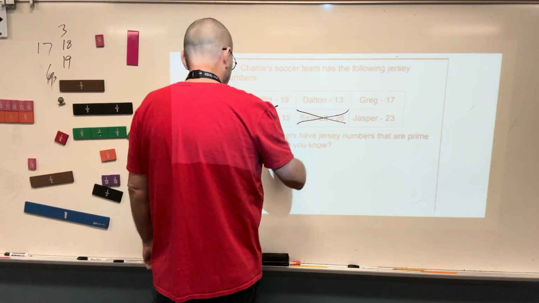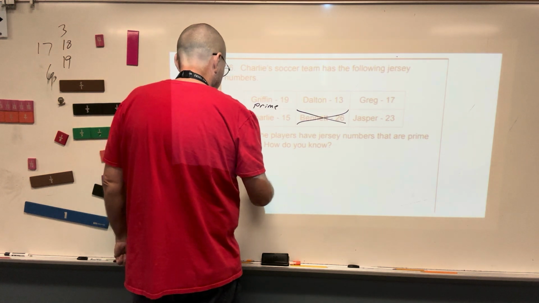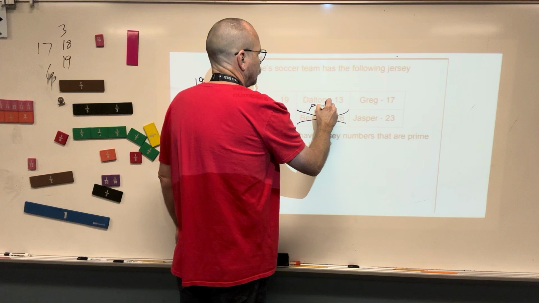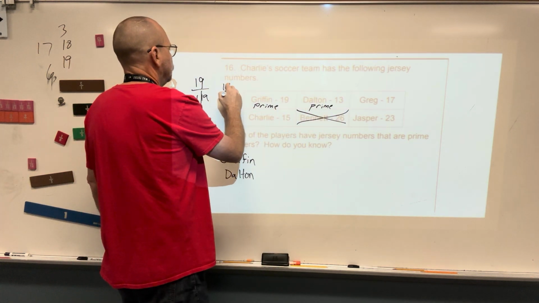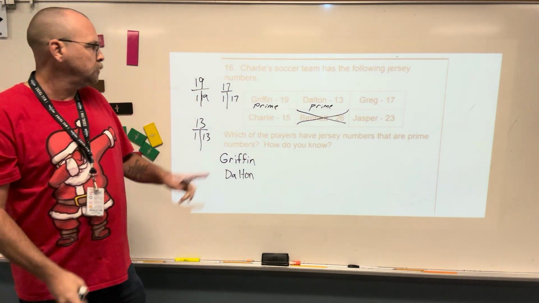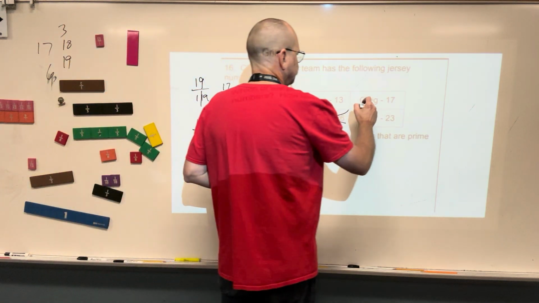So Dalton would be prime. Greg is 17. There's nothing else that multiplies together to equal 17 besides 1 and 17. So Greg is prime.